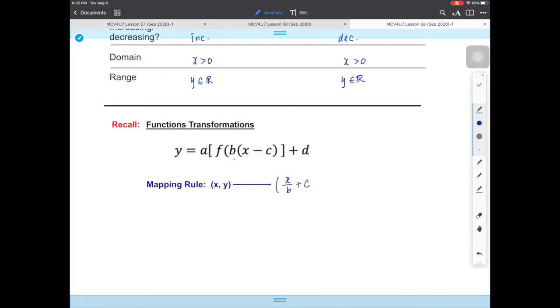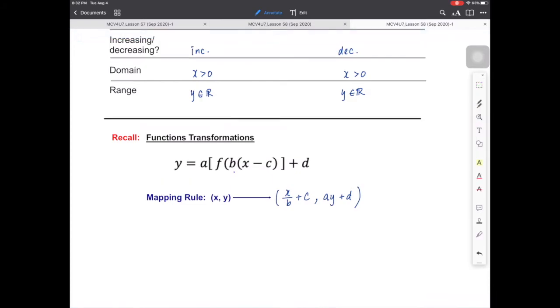You move c units to the right if you see negative c in the equation, or if you see x plus c, then you move to the left, so it's a minus that number. And for the y values, it will be ay plus d. You apply a and d as is. Okay, so let's take a look at some examples.